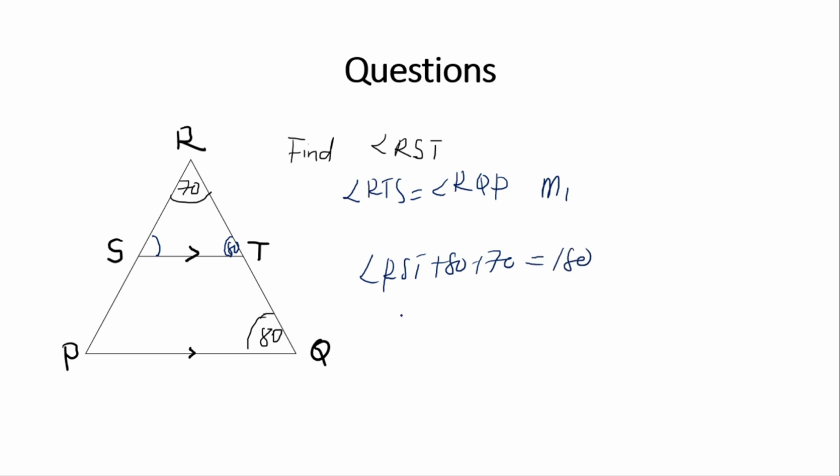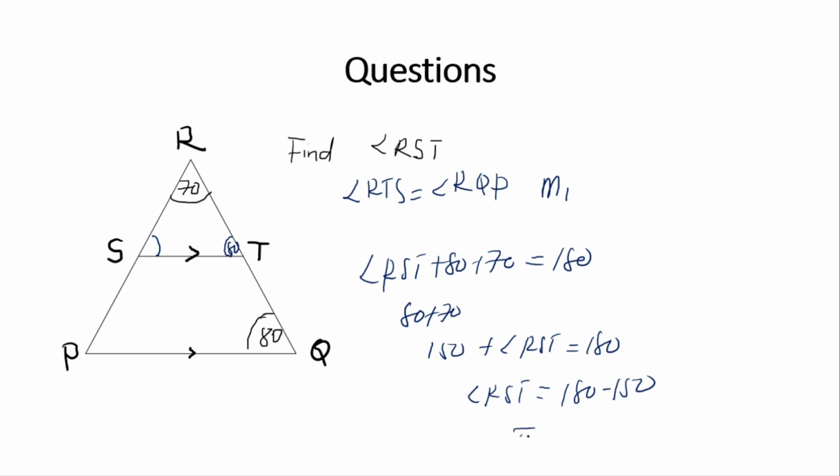And so 80 plus 70, which is what? 150. So 150 plus angle RST equals 180. So now we have angle RST to be equal to 180 minus 150, and this equals 30 degrees. And so we have found this angle to be 30 degrees.